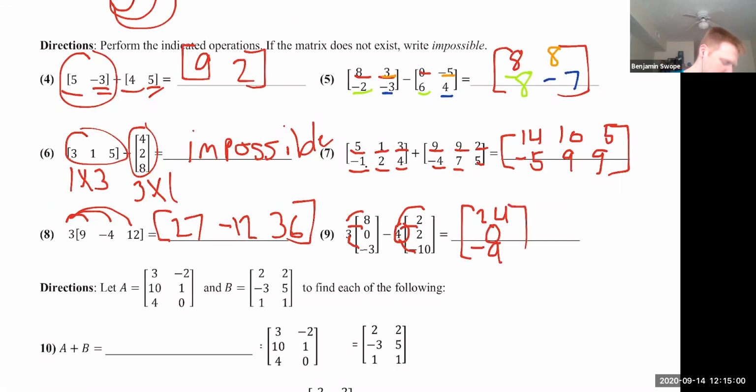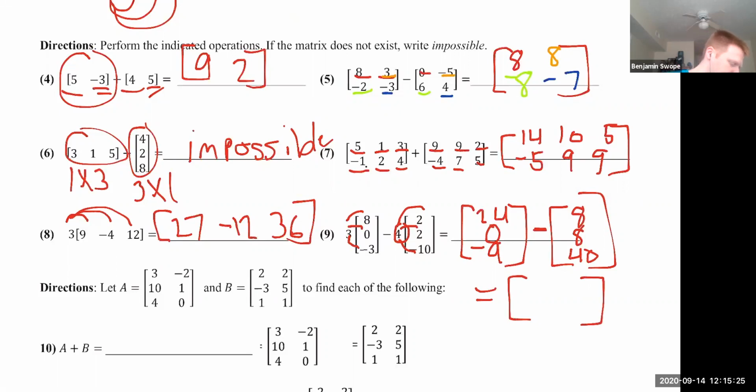Then it's going to be minus, and then I'm going to do the second matrix. I'm going to multiply everything in there by 4. So 4 times 2 is 8. 4 times 2 once again is 8 again. 4 times 10 is 40. So then you can subtract these two matrices to get our final answer. So just subtracting across the top.